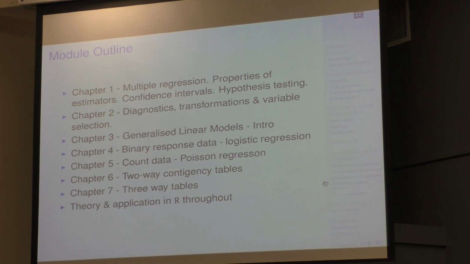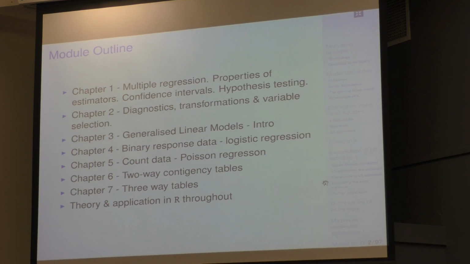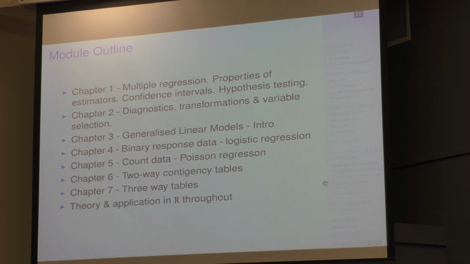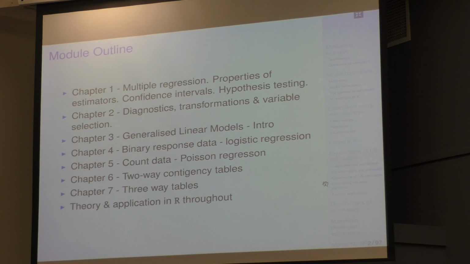The first chapter is looking at multiple regression, introducing the estimators, properties of the estimators, confidence intervals, and hypothesis testing. It is basically all the main linear models theory, so only in one chapter.